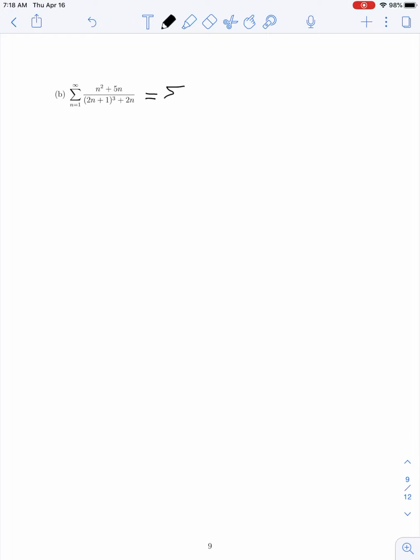So if we were to rewrite our series first, our numerator is n squared plus 5n. And if we were to expand that term in the denominator, the highest power of n is going to be 8n cubed, and then plus some smaller power terms.